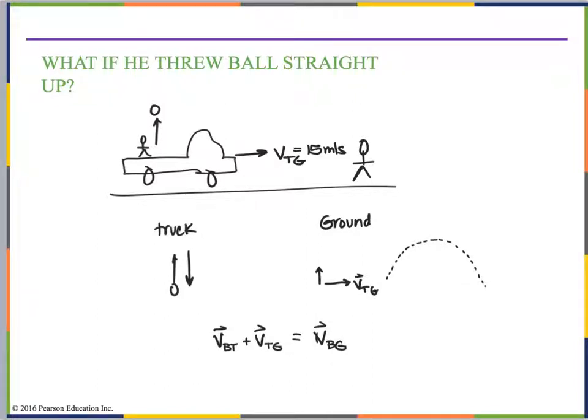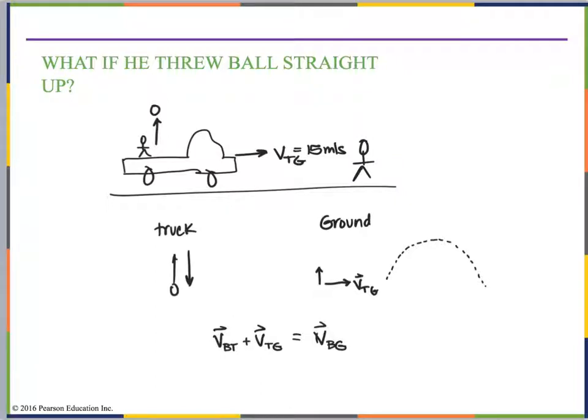So we're still simply adding those velocities, but notice that there's a vector nature to it. And that's what we want to understand more, because we're not going to simply do problems all the time with relative velocity where the objects are all moving in a straight line.